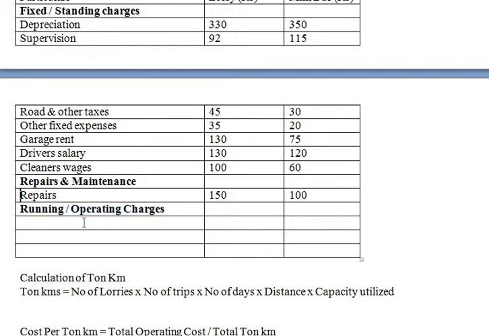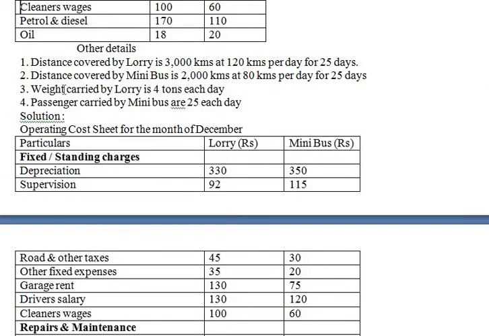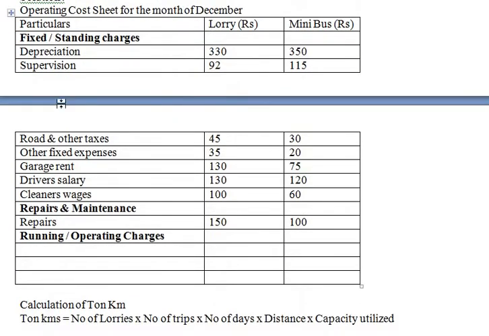Now they have given petrol as well as oil. This is a very simple problem. As like ton kilometer as well as passenger kilometer we need to calculate. Now we have taken everything. Now make a total of this.